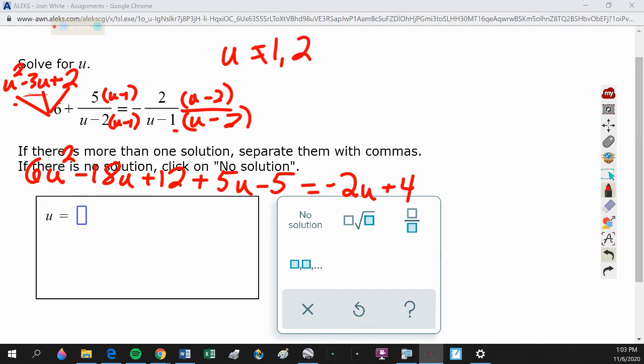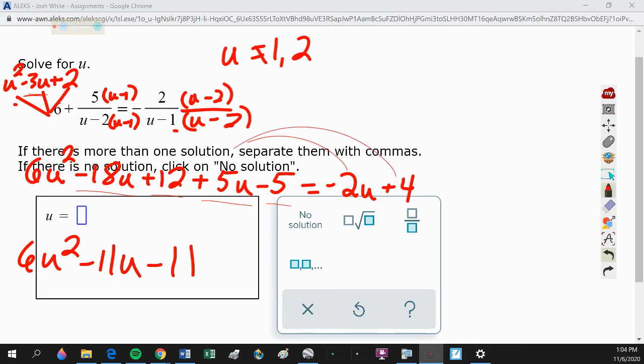Okay. So 6u squared on the left, negative 18 plus 5 is negative 13, and then I'm going to add 2, so negative 11, and then 12 minus 5 is 7, and I subtract 4. Oh, wait. So 3.